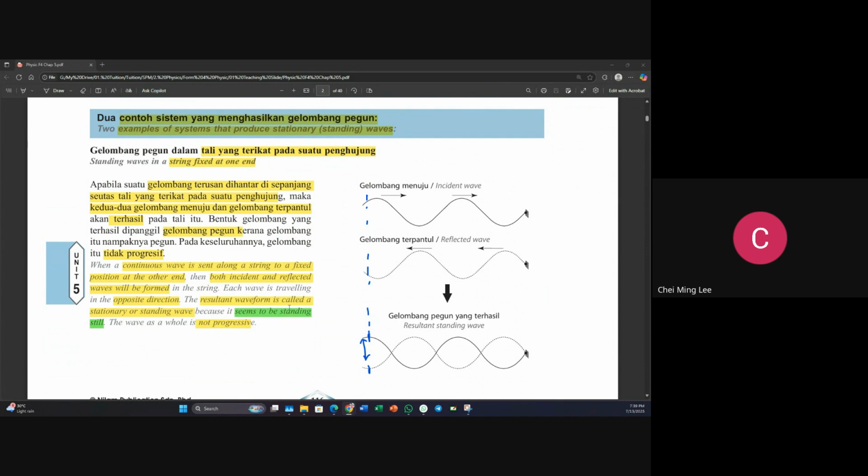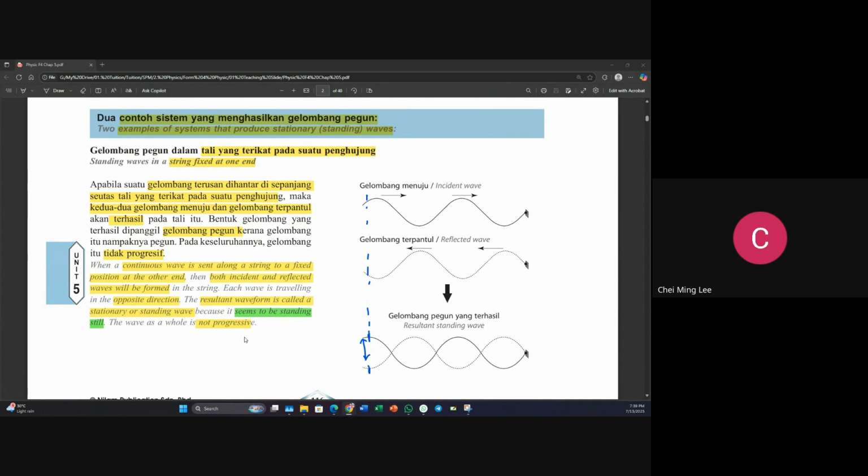Why? Because it looks like it is standing still. When you move like this and you move back here, when you combine them, it looks still. So the wave as a whole is not progressive because it doesn't move. The energy inside the wave does not move forward because it moves forward and back.